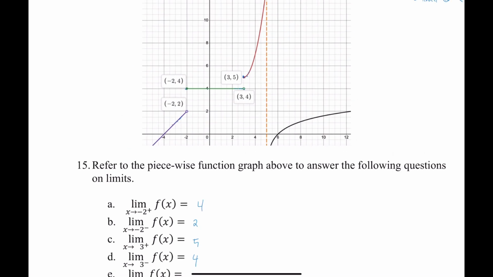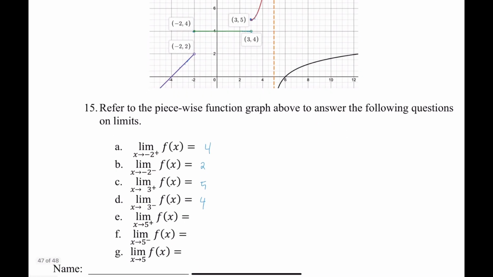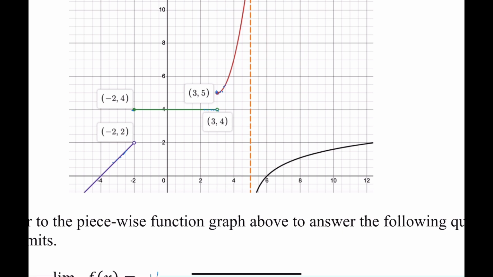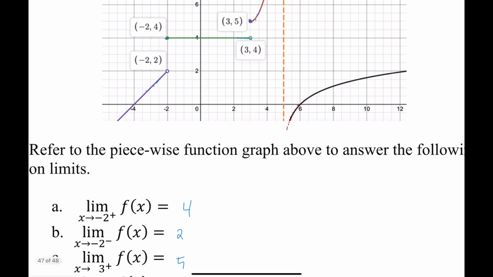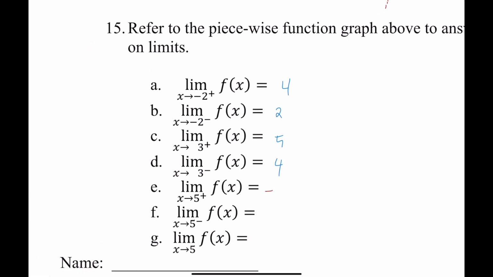Okay, and as x is approaching 5 from the right side, a little bit bigger than 5, like 5.5, 5.1111, obviously that means we're going to have negative infinity right here.